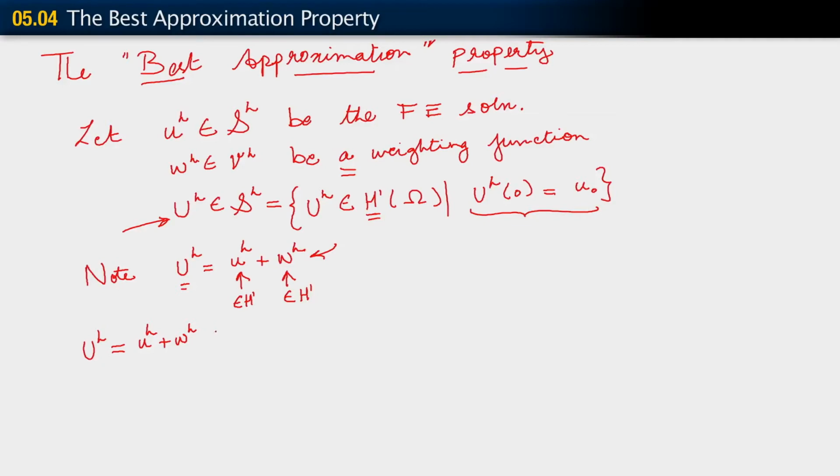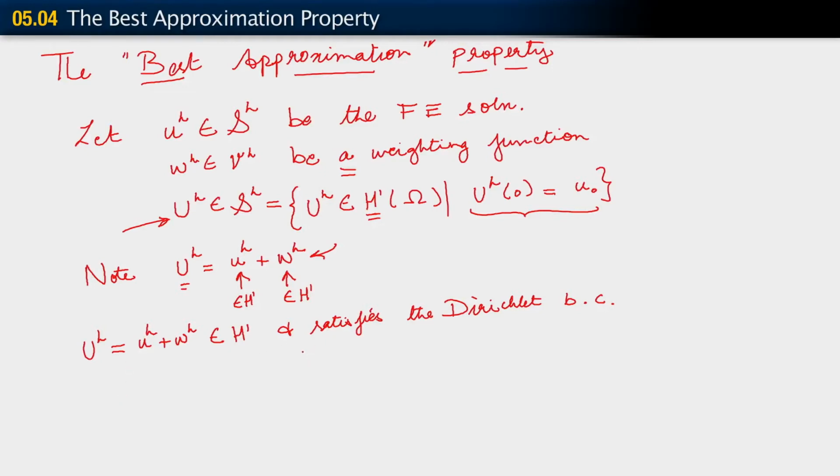This does indeed belong to H1, and I will just write, and satisfies the Dirichlet boundary condition. In what we are going to do today, the main result of this segment, we will use this result in an important manner.